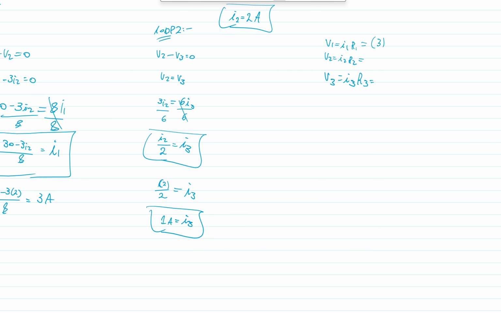So that's going to become 3 multiplied by 8, which gives us 24 volts. And 2 multiplied by 3 gives us 6 volts. I3, what we said previously, 1 ampere multiplied by 6. How much? 6 volts. Like that, you're done with all the practice questions.